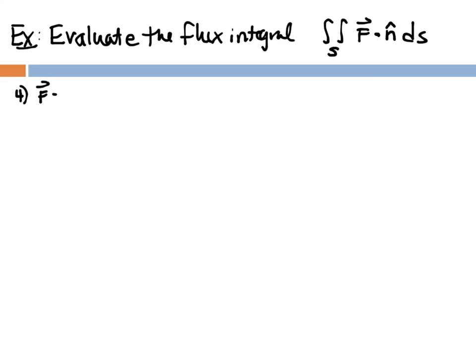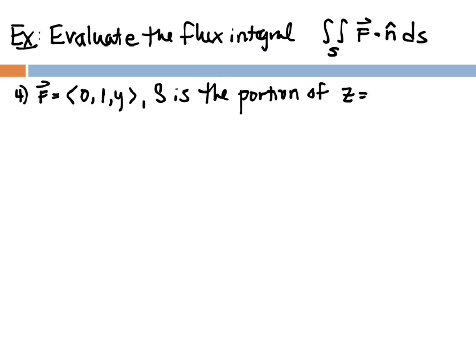F is going to be 0, 1, y. And our surface S is the portion of z equals the negative square root of x squared plus y squared, inside x squared plus y squared equals 4.